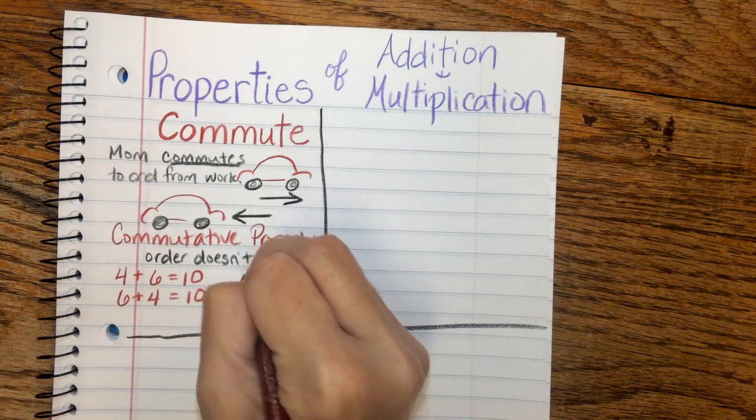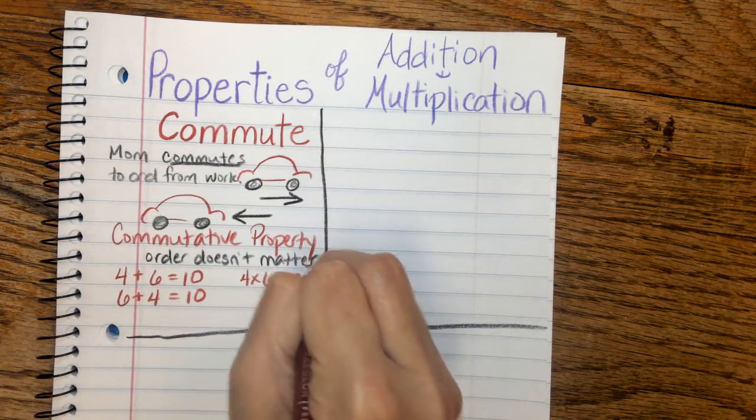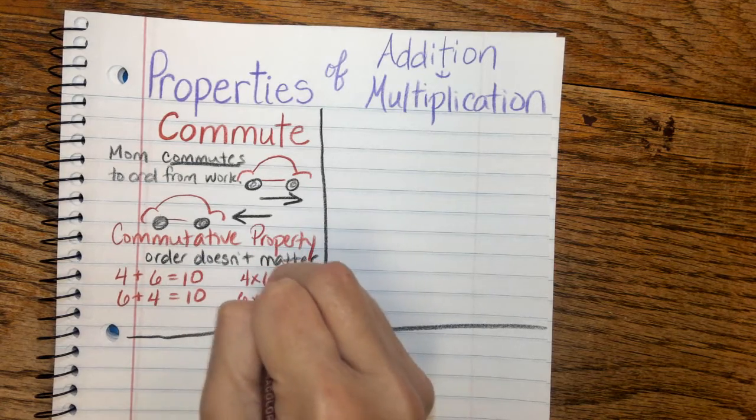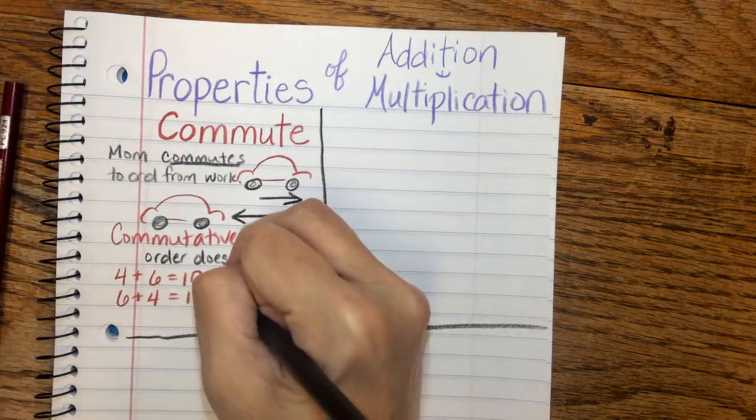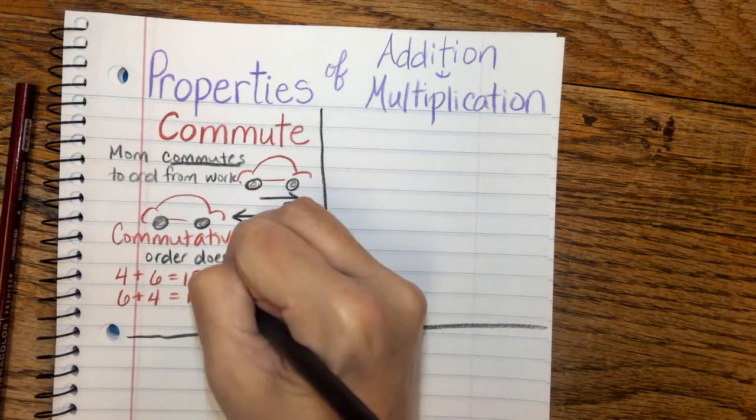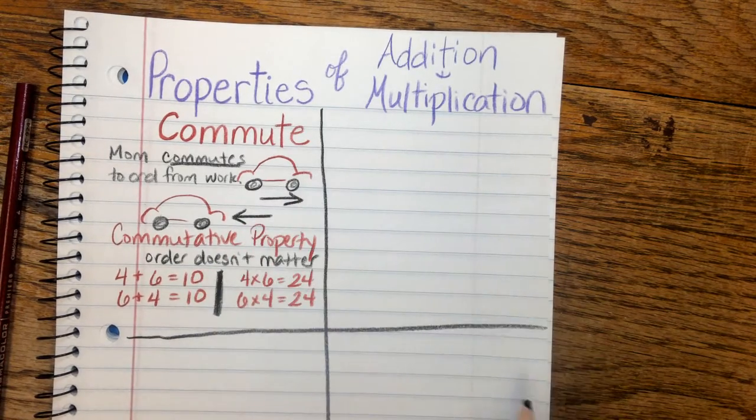Or it could be 4 times 6 equals 24, or 6 times 4 equals 24. Okay, and remember these properties only work with addition and multiplication. Okay, so the commutative property says order doesn't matter.